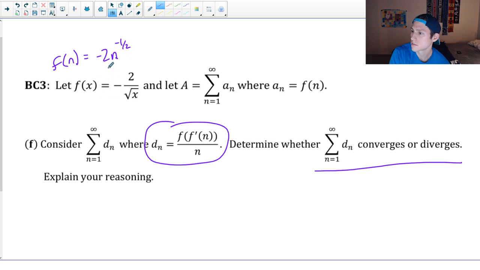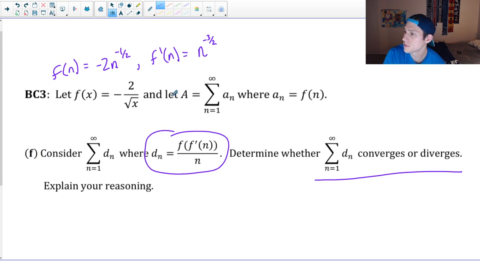Okay, is this just rewriting the square root as 1/2, and then in the denominator using a negative exponent? So f prime is n to the negative 3/2. Correct? Okay, yeah, positive minus 1. Great.